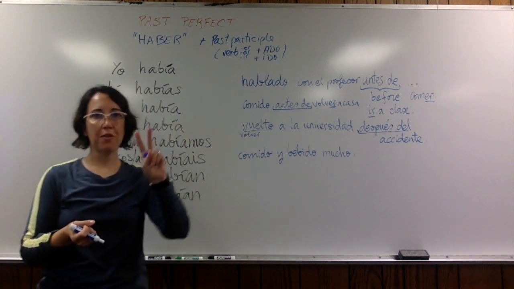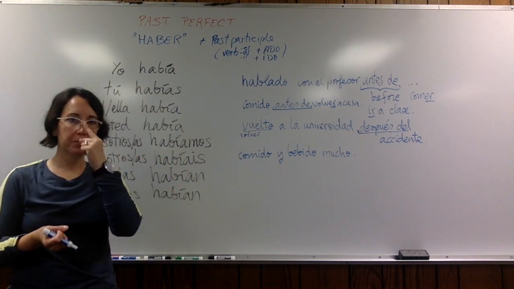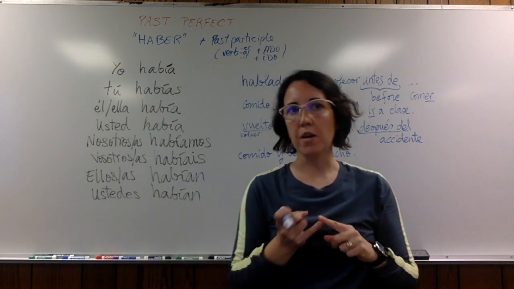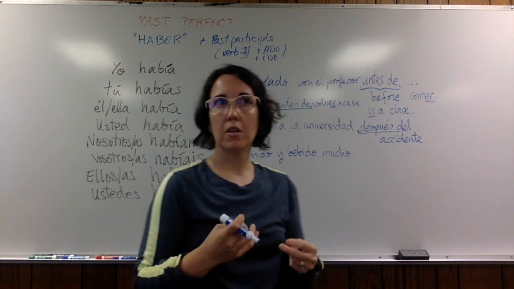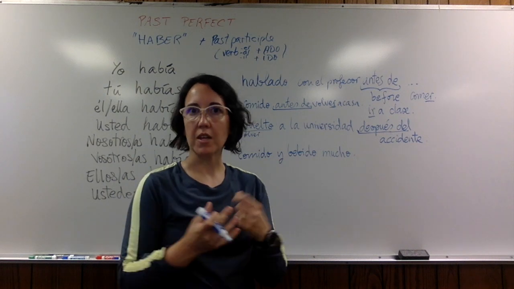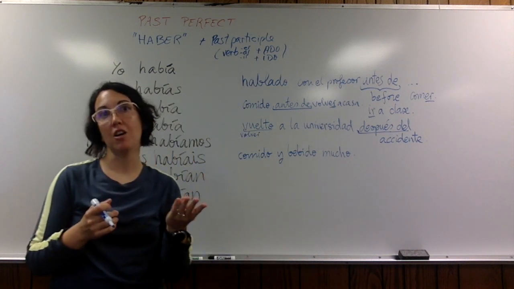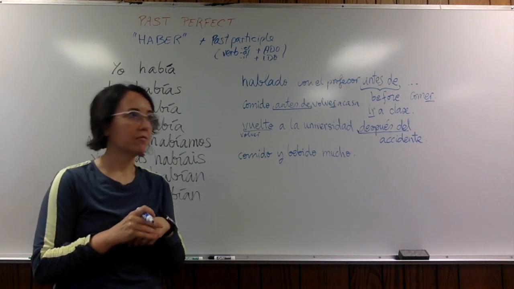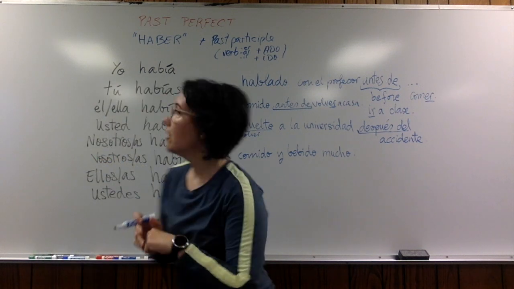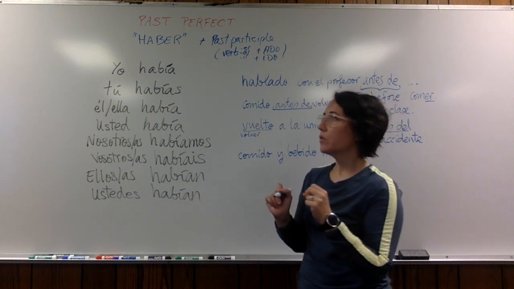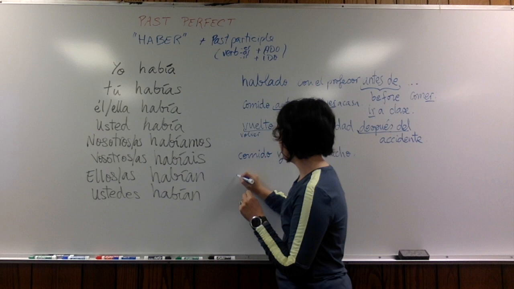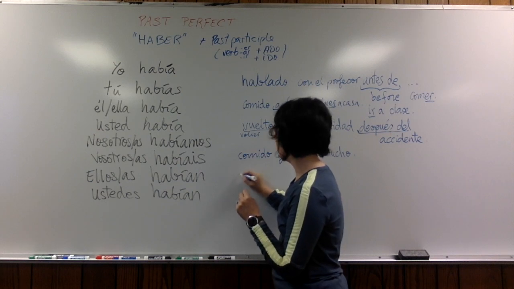Now what happens when we have, again, two verbs? For example, the verb to need to do something, or like you should do something. Like I should have done, or he had... well, actually, ellos habían debido.